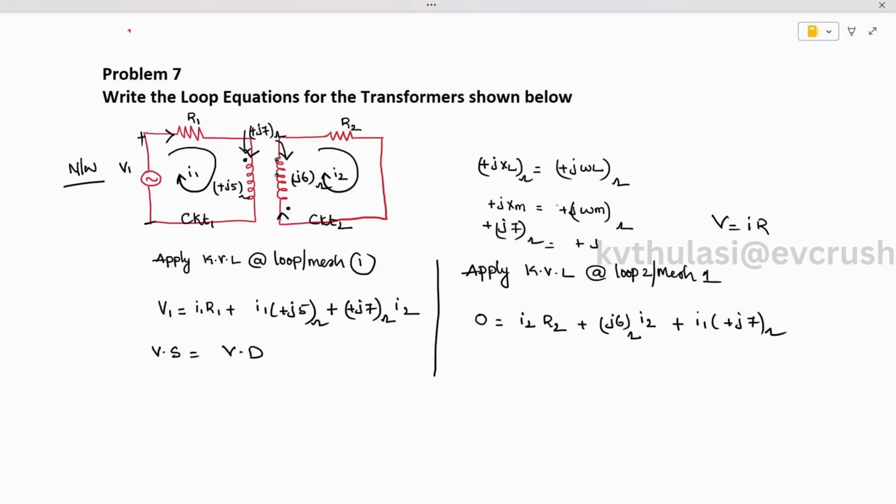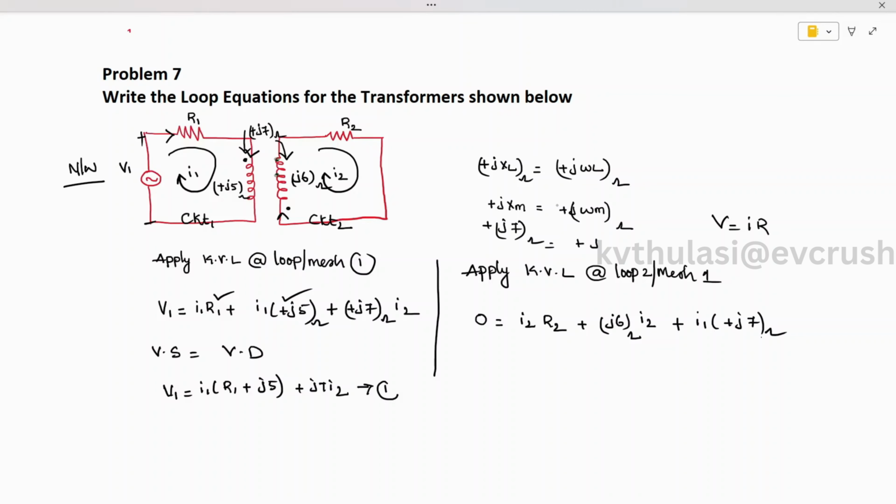So generally we'll write down V, which is nothing but I into R. It's very simplified. Now let's try to take common. What is the common term we are going to get? It is V1 is equal to I1 of R1 plus j5, which is nothing but plus jXL, and j7 into I2.